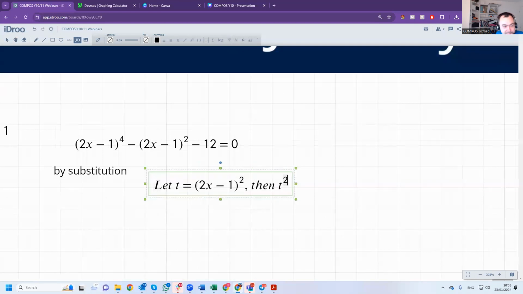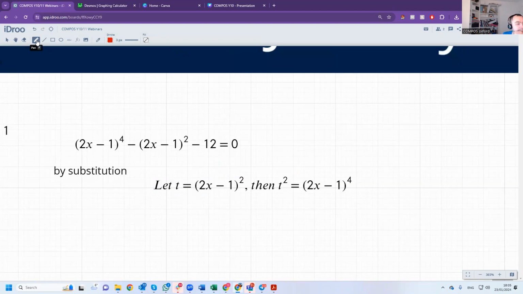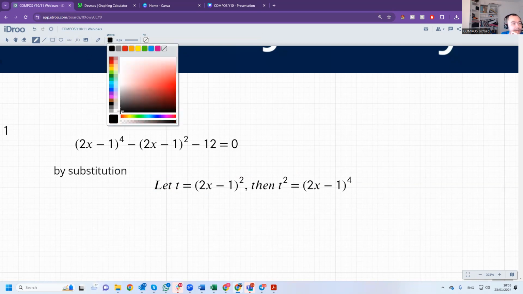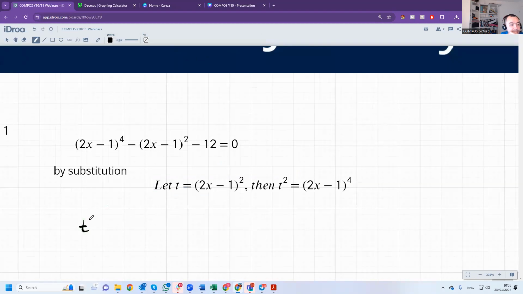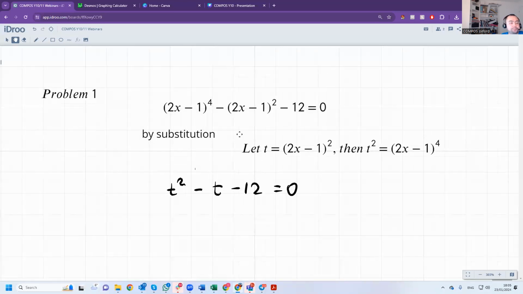Okay, let t be this, then t squared is the same thing, 2x minus 1 to the power 4. And the equation becomes very simple. The equation becomes t squared minus t minus 12 equals 0.